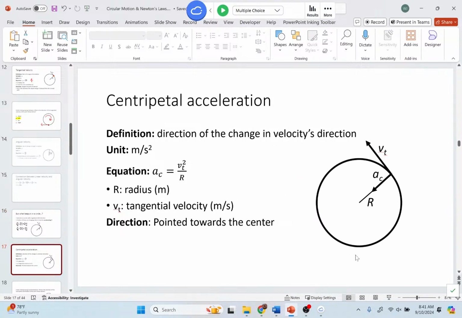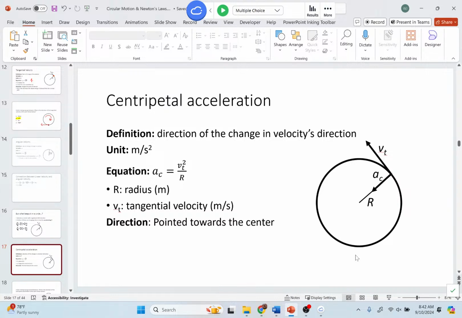Anywho, so we call this in a circle centripetal acceleration. The word centripetal, from teaching high school, I learned means center seeking. It's a fancy way of saying it points towards the center. The acceleration is towards the center always. And there's a really easy example to prove this to you all. It's the Earth traveling around the sun. Which way is gravity pointed?